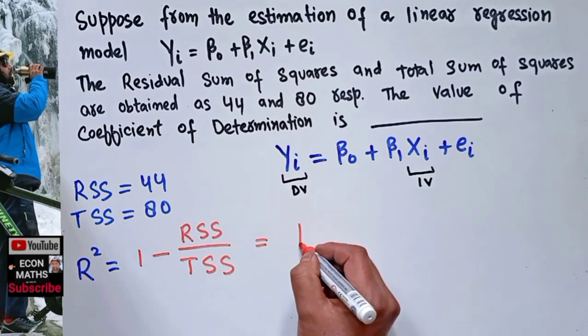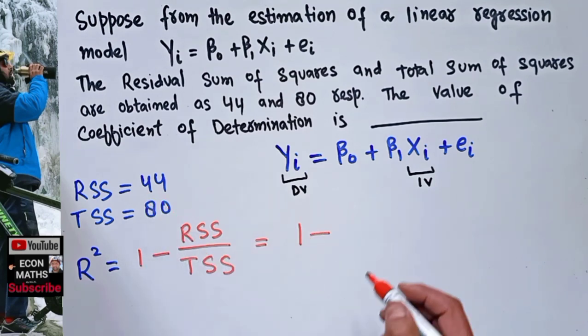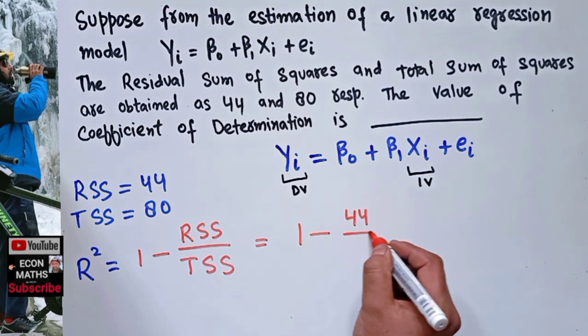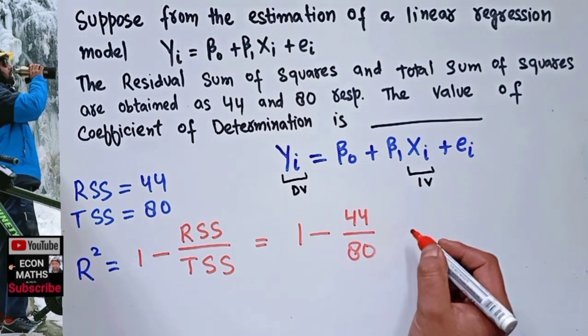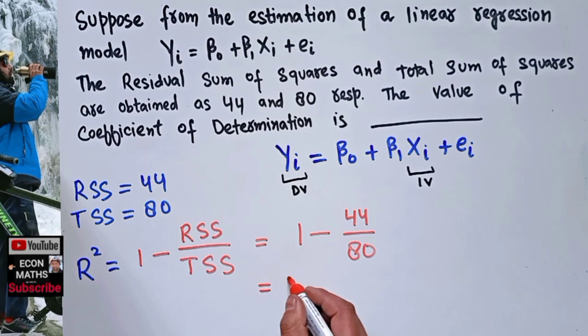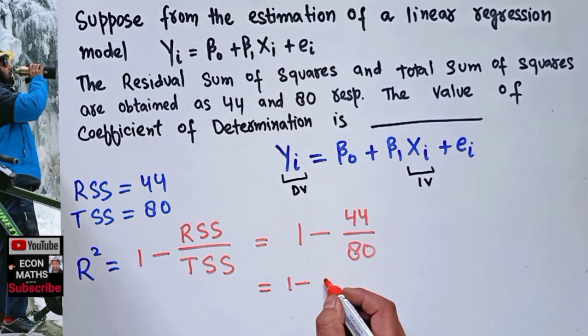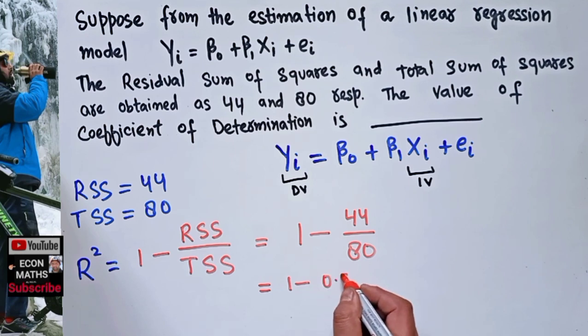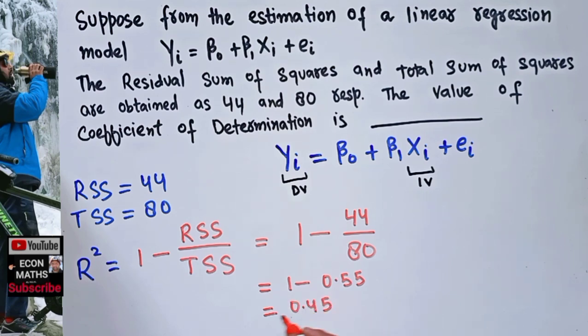So we have 1 minus RSS, which is given as 44, divided by 80. 1 minus 44 divided by 80 comes out to be 1 minus 0.55, which gives us 0.45. That means our r square will be equal to 0.45. And how do we interpret it?